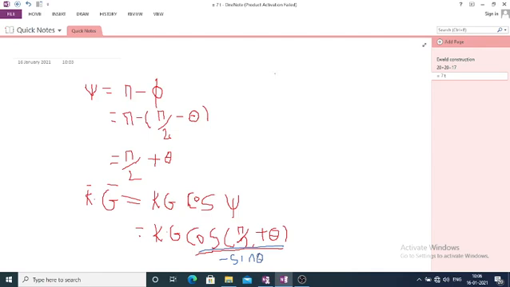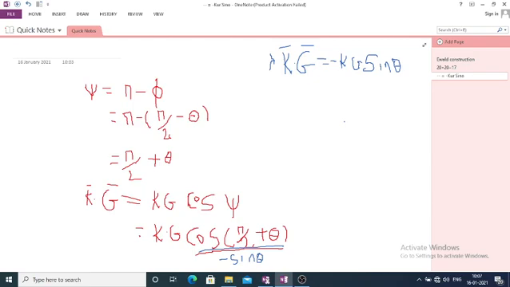So K dot G is equal to KG sine theta with a negative sign, so there is a minus KG sine theta.